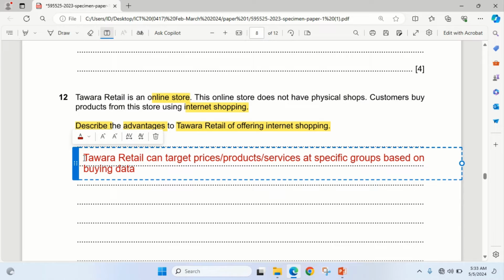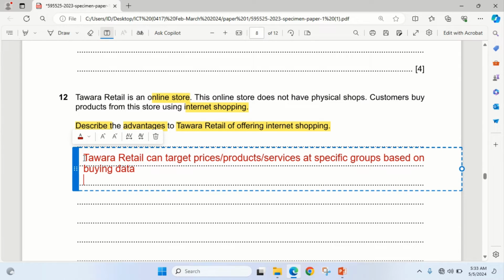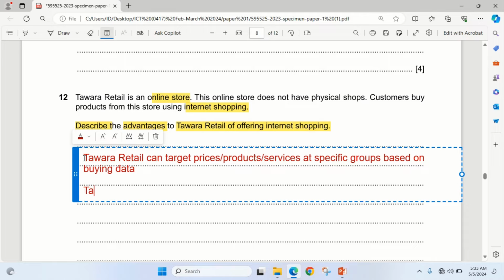Another thing is that Tawara Retail can update stock more quickly than a physical store through their website.